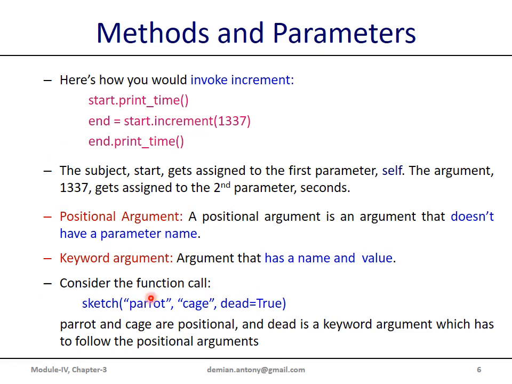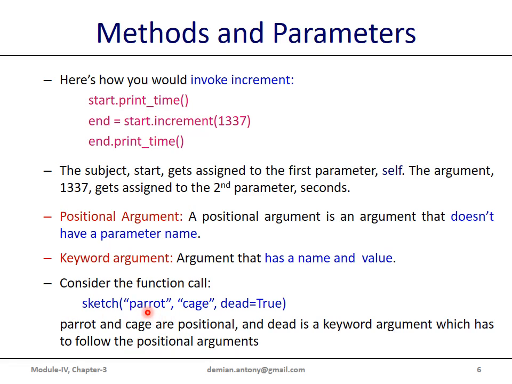Let us understand these two types of arguments with one simple example. Let's consider this function call sketch with first argument, second argument, and third argument. The first argument and the second argument are positional arguments.